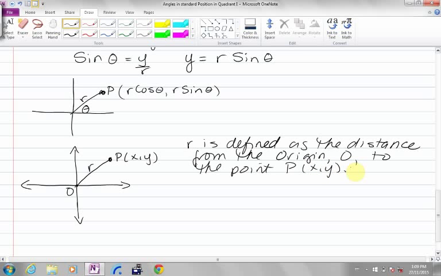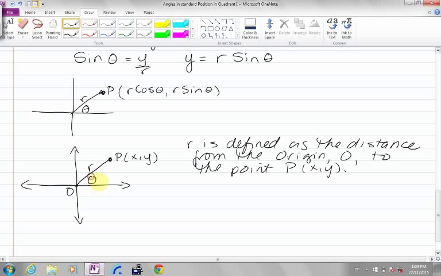So r is the distance. Remember that. That's important. It's the distance from the origin out to that point. So you draw a line segment from the origin to P, and the length of that line segment is what we define as r.